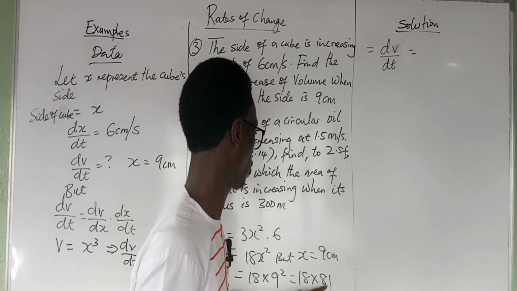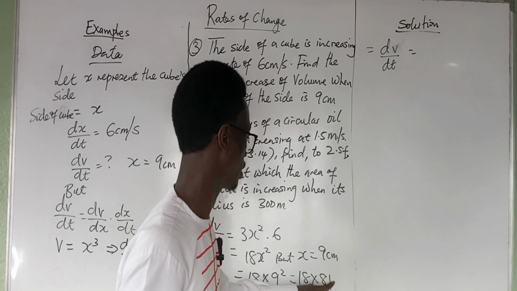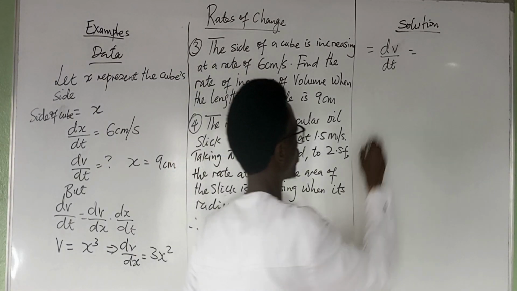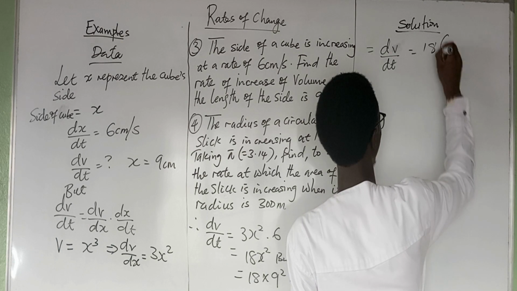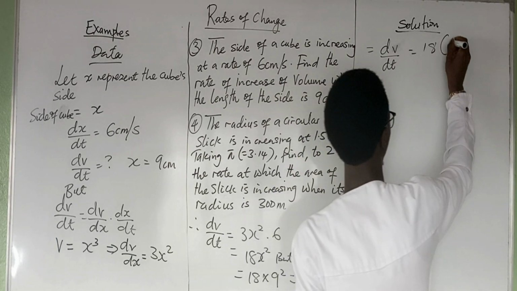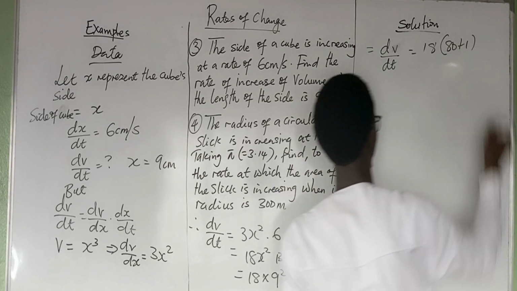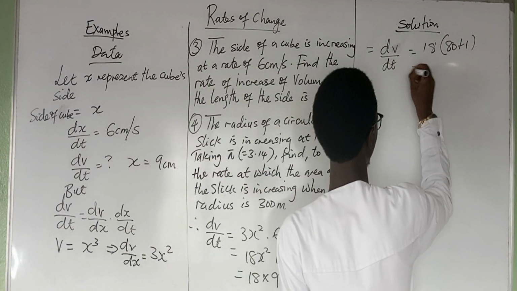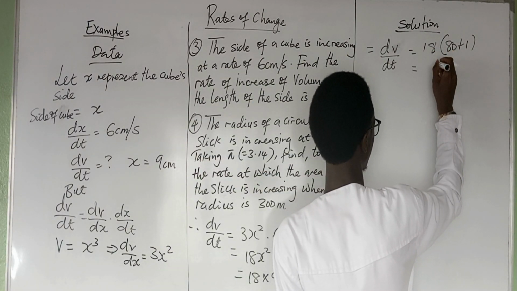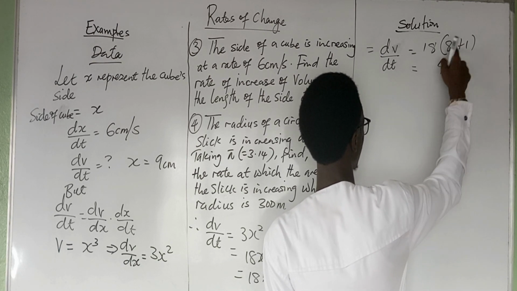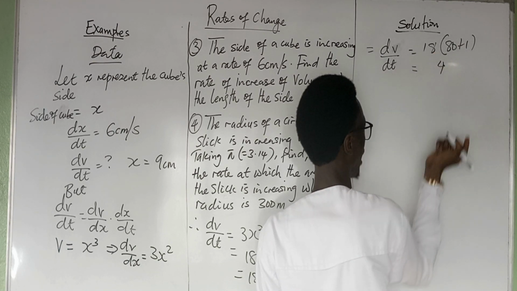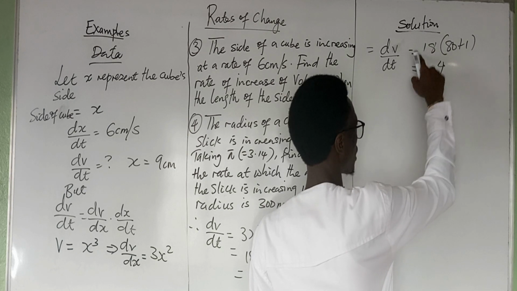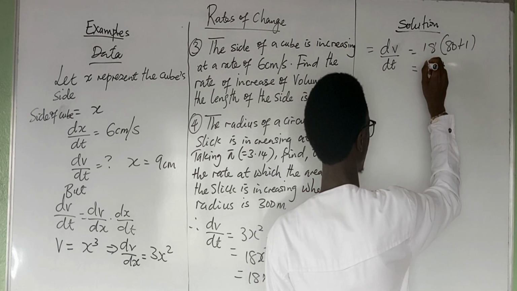If you don't have a calculator, you can separate this one. This is 18 into 80 plus 1. So I have separated this one, now I can do it simply. 8 multiplied by 8 is 64, put 4, carry 6. 8 times 1 is 8, plus the 6 we carried is 14.